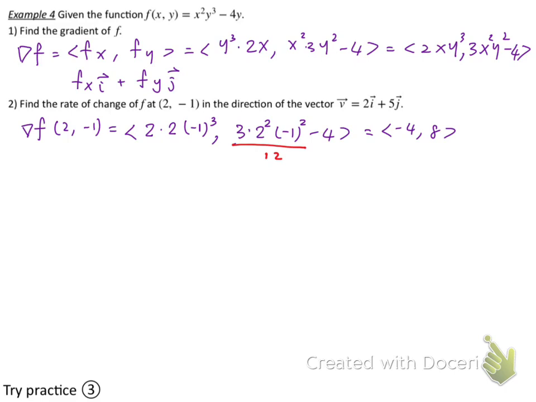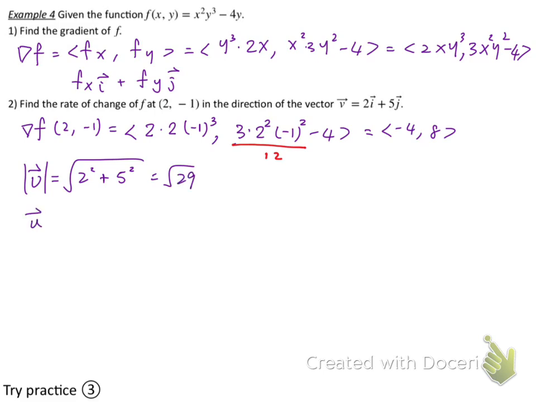In the direction of the vector b equals 2i plus 5j, notice that this vector is not a unit vector. We need to make it unit. So vector v has length square root of 2 squared plus 5 squared, which is square root of 4 plus 25, 29.